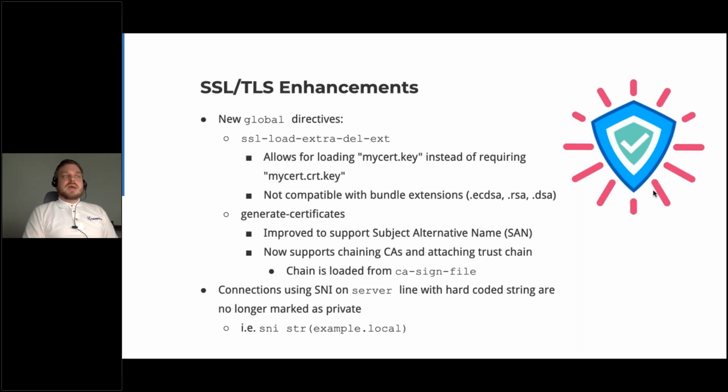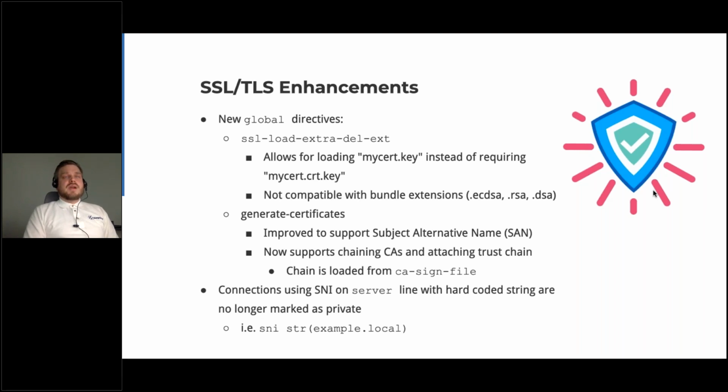But maybe in some cases, you want the key to be named just mycert.key. So HAProxy 2.3 has introduced a new global directive, ssl-load-extra-del-ext. And this keyword instructs HAProxy to remove the extension before adding the new .key extension. However, keep in mind that it's not compatible with bundle extensions, ECDSA, RSA, or DSA.